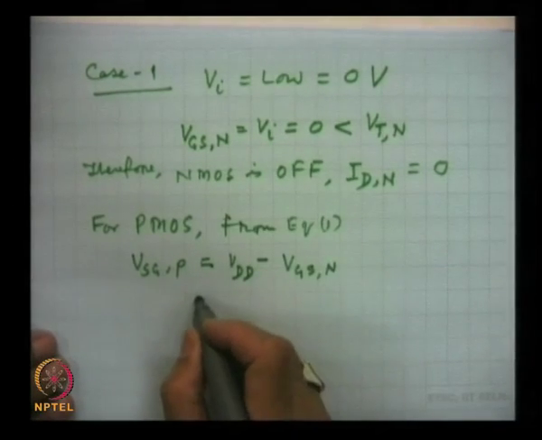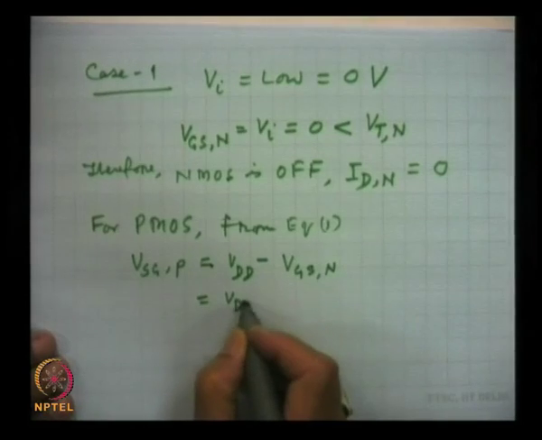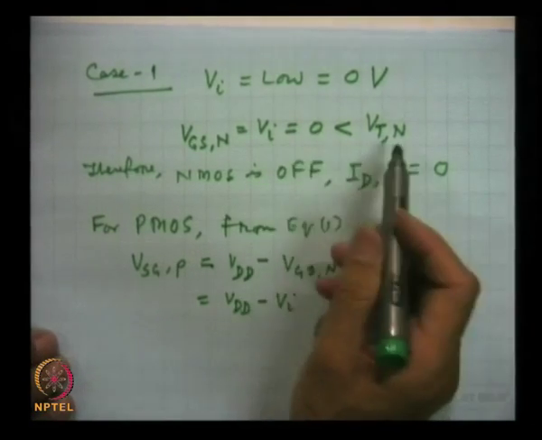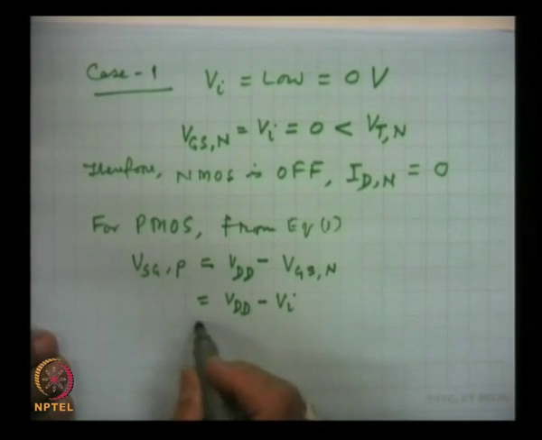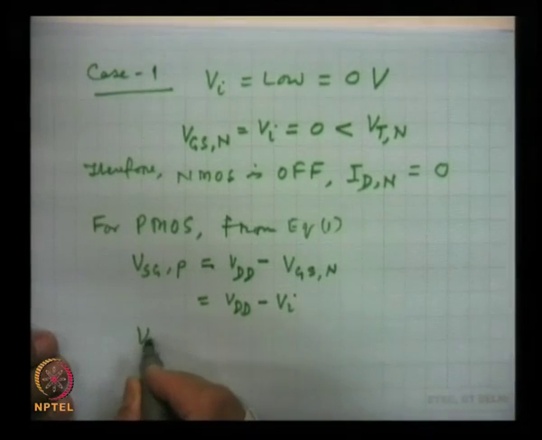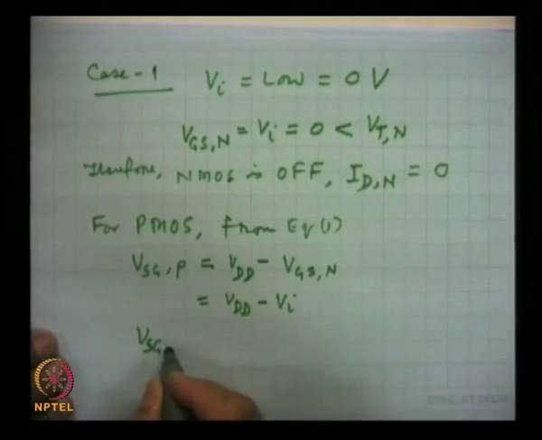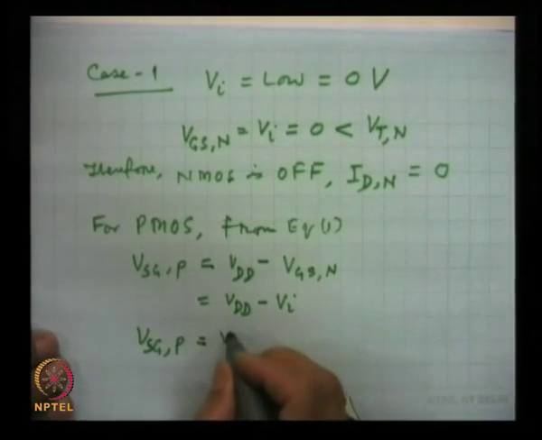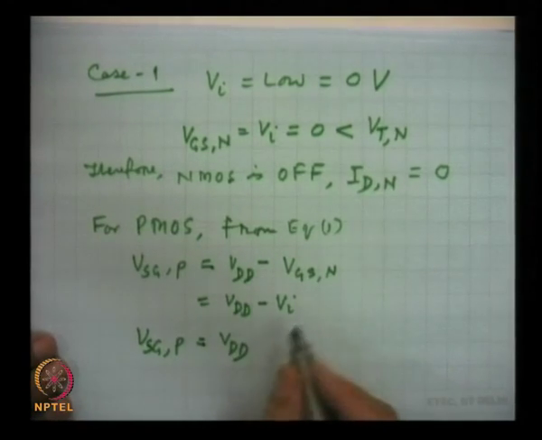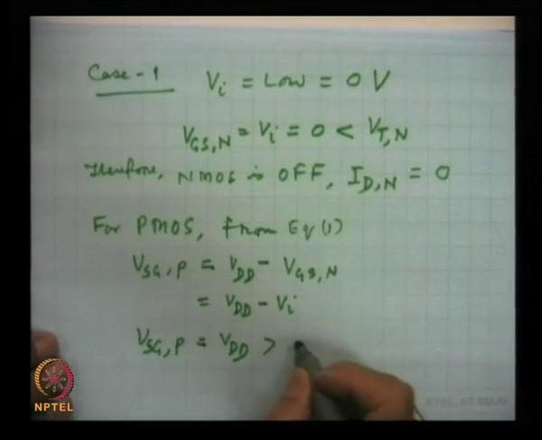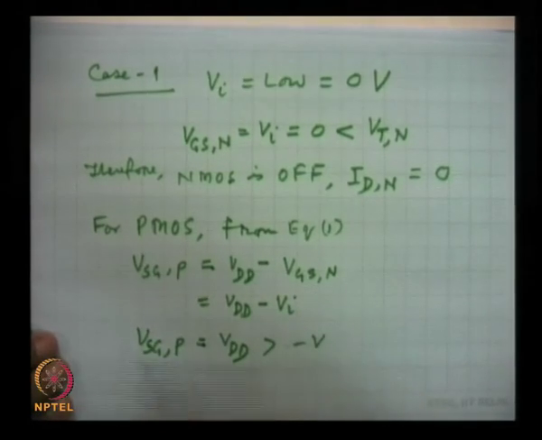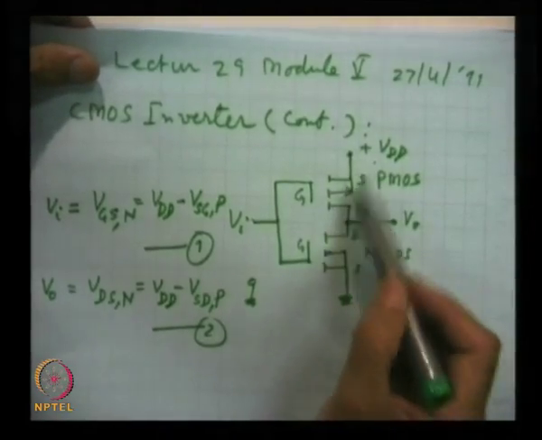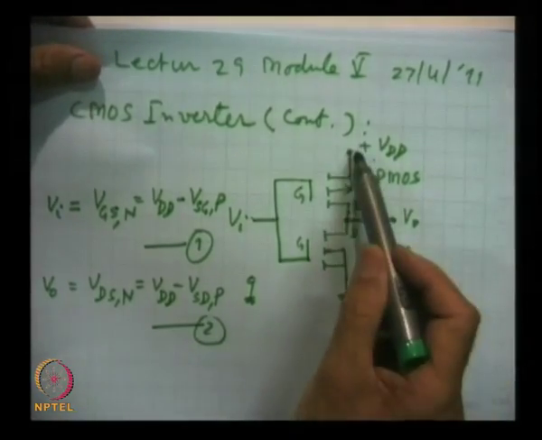So, this is equal to VDD minus Vi, and since Vi is 0, VSGP is at the potential VDD. This is greater than the threshold voltage because of the way it is connected: the drain is here, the source is here.